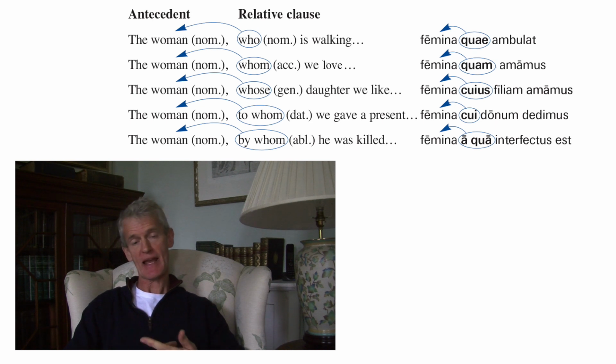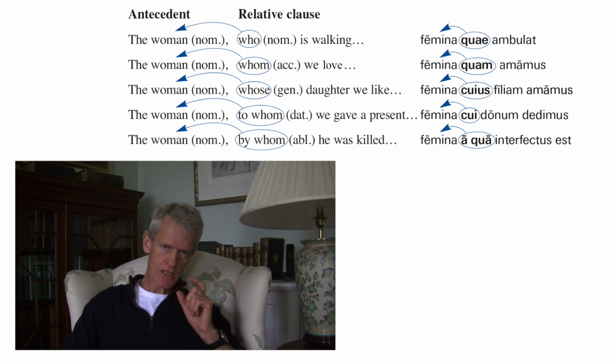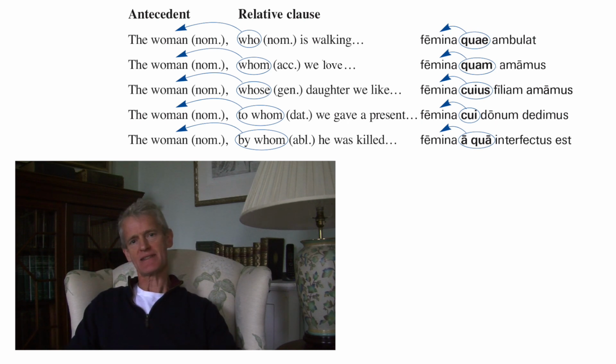And it's actually going in the ablative after the preposition a or ab. Okay, qua, feminine singular ablative, referring back to the antecedent femina. Okay, so femina, a qua interfectus est. And then laeta est, or whatever we want to say about that woman.